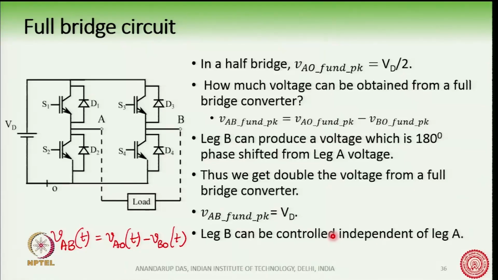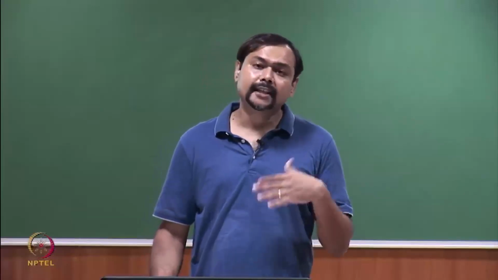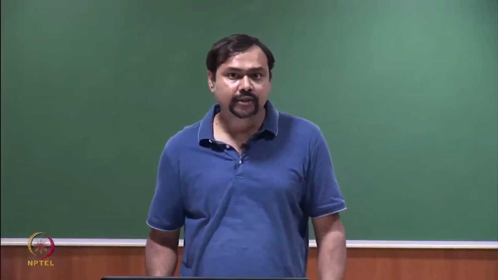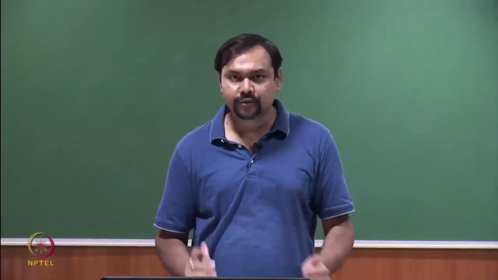Now, remember that leg B is fully independent of leg A. So, it is not necessary that leg B voltage is always at 180 degrees to leg A voltage. We can set any other voltage from leg B also, and then the load voltage can be accordingly controlled.